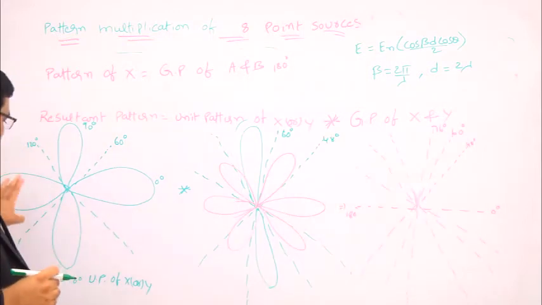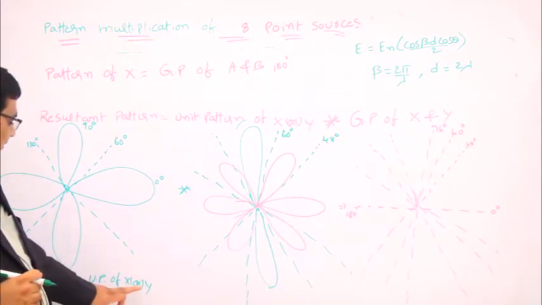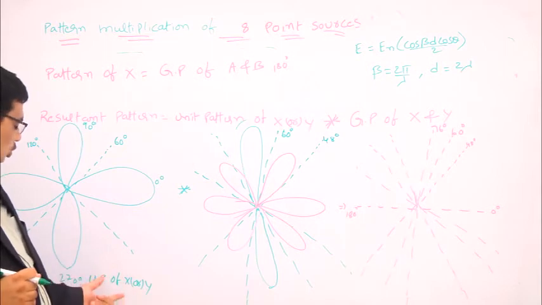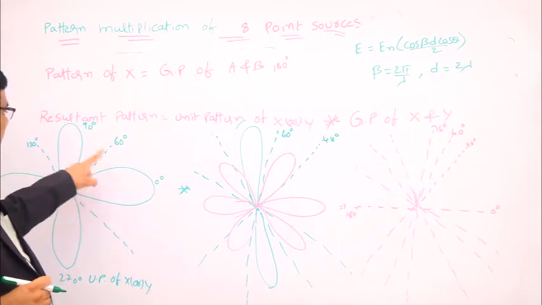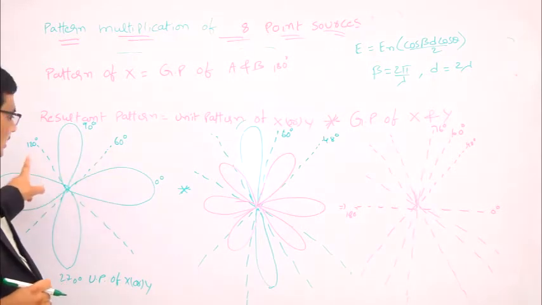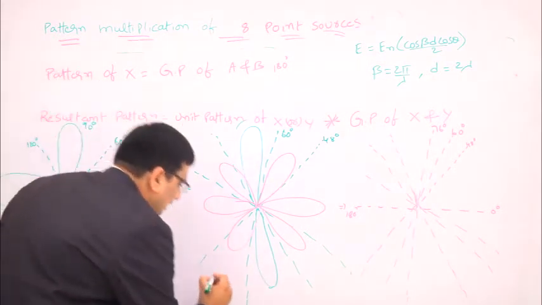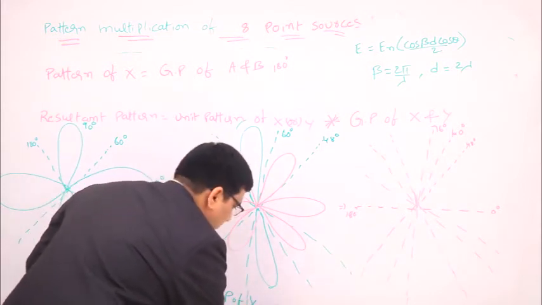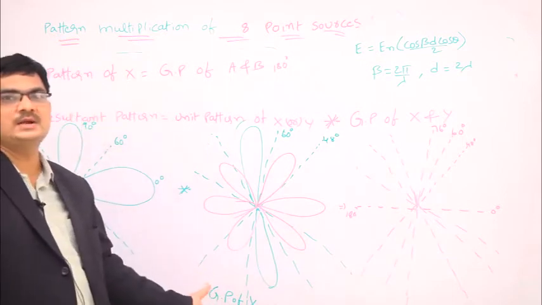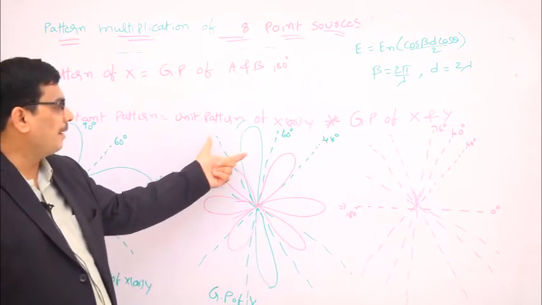Okay. So the unit pattern of x or y is a group pattern of AB separated by a distance lambda. Here there are two nulls, at 60 degrees and 120 degrees. Now the group pattern of x and y is the separation between x and y with a distance 2 lambda.